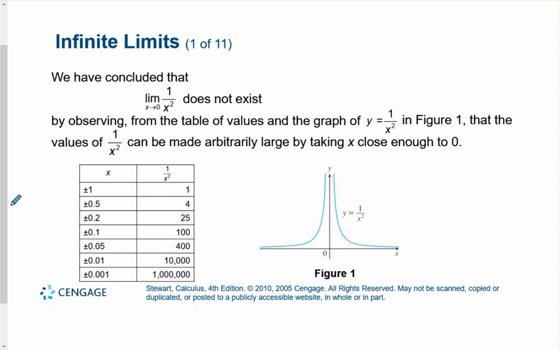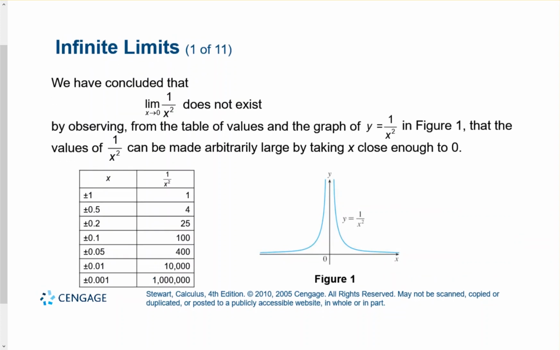Okay, so in the previous section we saw that the limit as x approaches 0 does not exist. One of the reasons for that is as we get very, very close to 0 from both sides, we see the vertical asymptote appear. So we have a vertical asymptote at x equals 0, and f of x just grows out of control as we get closer and closer to 0.